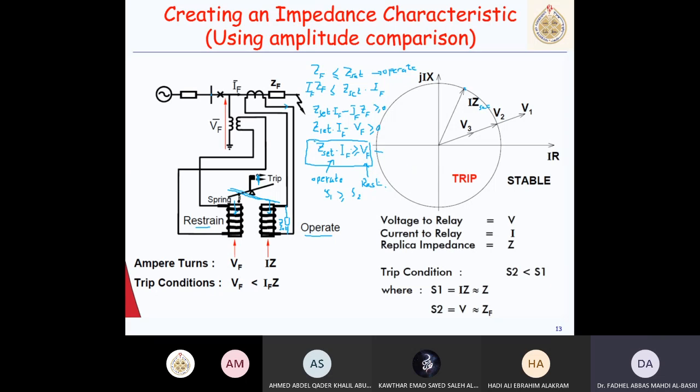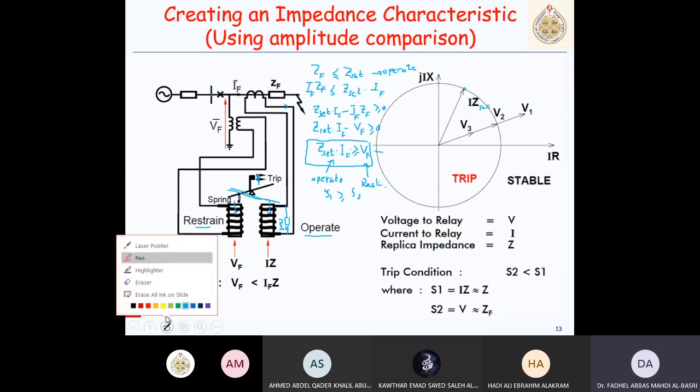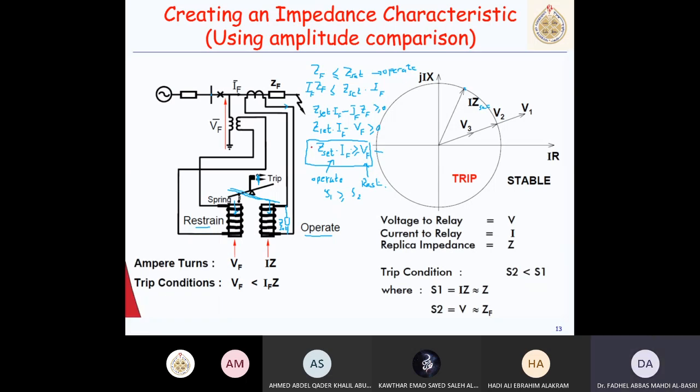I compare the magnitude of this quantity with the magnitude of this, and that gives me a circular action. So this is I times Z setting, the magnitude of the circle. This is my setting, and the magnitude of VF can be anywhere. It could be here, could be here, could be here, which is I times Z fault.